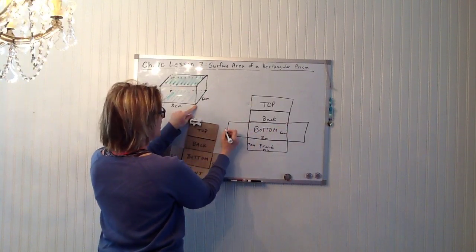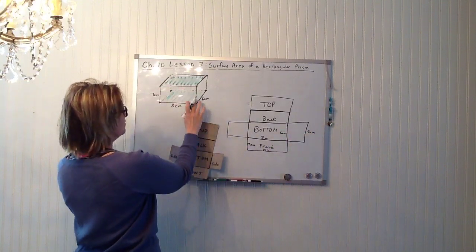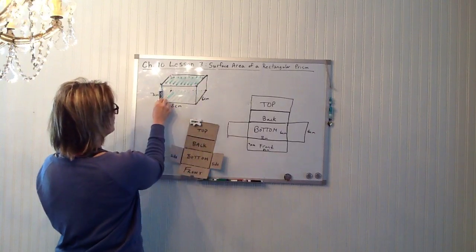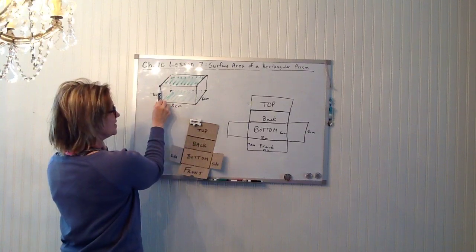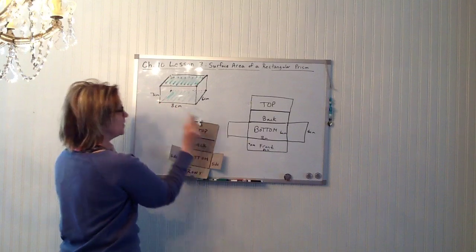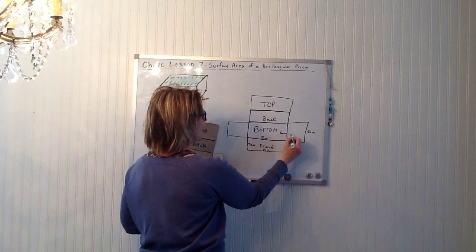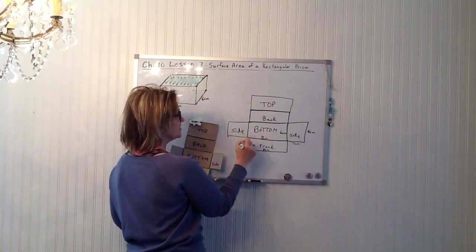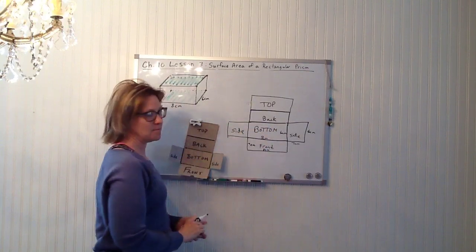Okay, so this side would be 6 centimeters, and this one here corresponds with this, so this one must be 7 centimeters. Remember, when I open it up, it's right here. So the sides have congruent rectangles, the front and the back are congruent, and the top and the bottom are congruent.